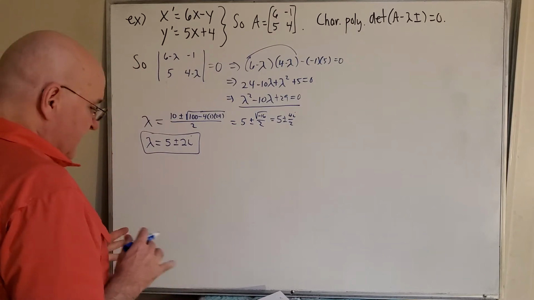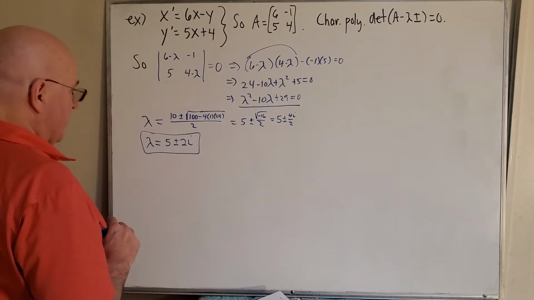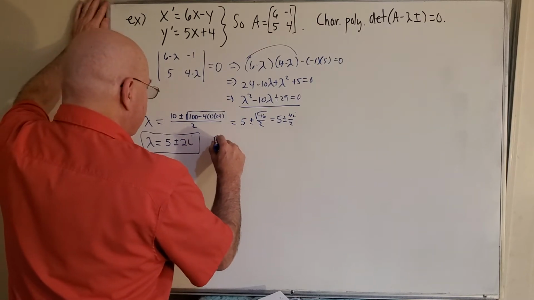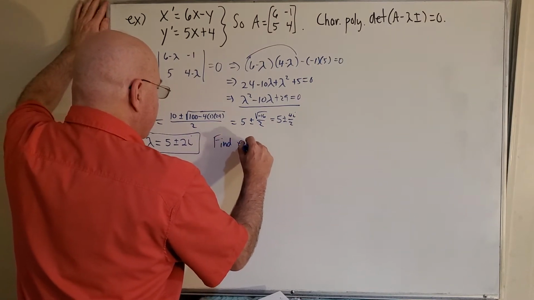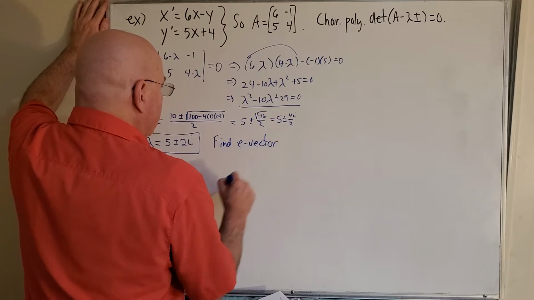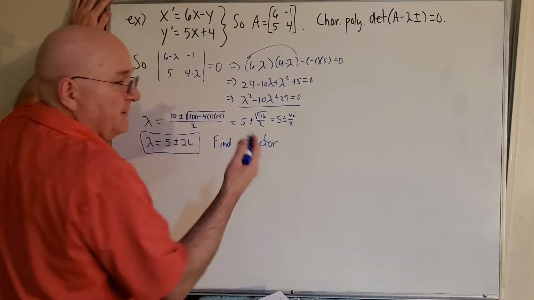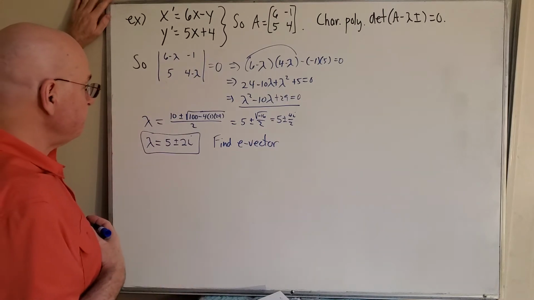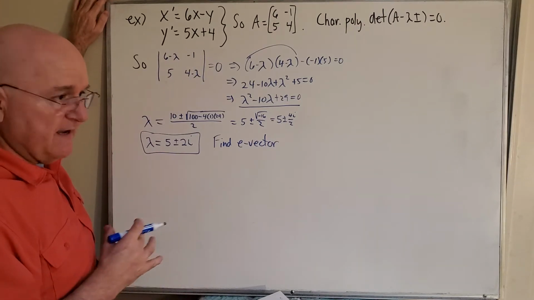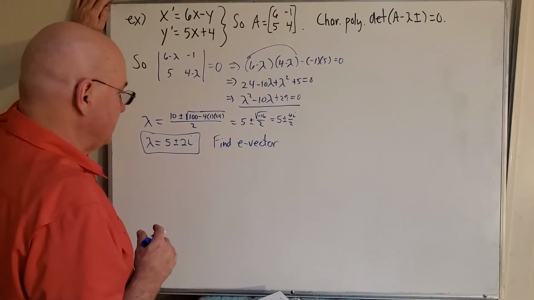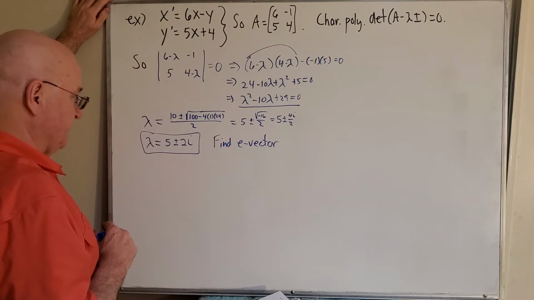Now let's find the eigenvector, and this does get a little bit weird. Now find the eigenvector associated with 5 plus 2i. You could use 5 minus 2i if you wanted as well. The solution will be equivalent.